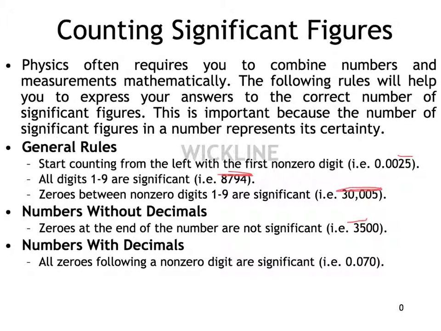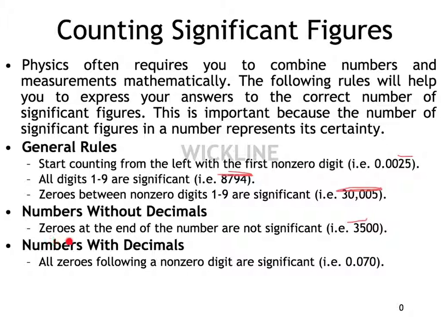Now things change a little bit if the number includes a decimal. If you do have a decimal, then zeros that follow the non-zero are significant. That doesn't mean you should be counting this one or this one, because these 2 zeros are basically the same as this one right here, where you skip the leading zeros. These leading zeros are the same thing. So I'm going to skip those 2 zeros and I'll start with the 7.